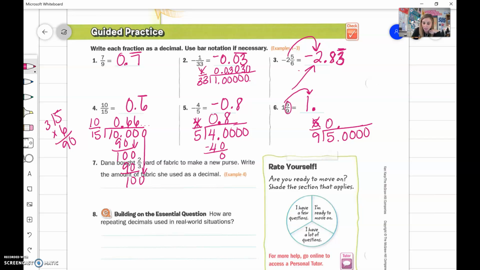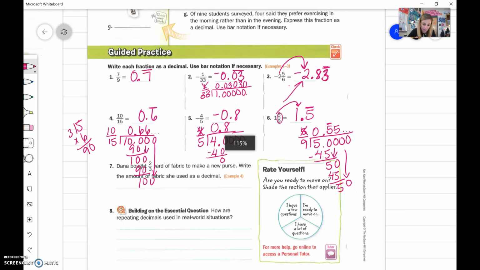Yes, I can make 5 groups, which is 45. I'm going to subtract, that's 5. Bring down the 0. 50 again, which means I can make 5 groups, which is 45, which is 5, and now you see that it's going to keep repeating. So I already have my whole number in place right there. I have a 5 that is going to keep repeating, so I have my bar notation over that 5.